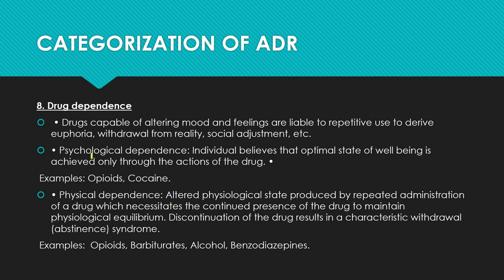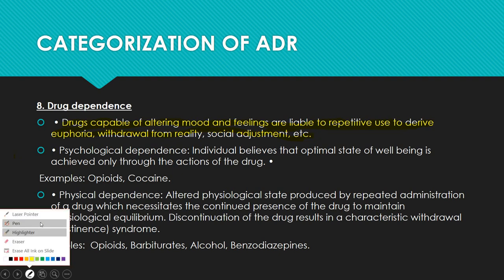Here it is said that drugs that are capable of altering mood and feelings are liable to repetitive use to derive euphoria, withdrawal from reality, social adjustment, etc. So this is a very vital point. What happens here?